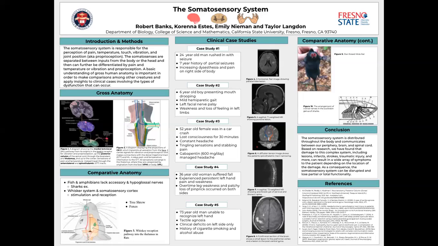So lesions, and additional causes like strokes, traumatic injury, and more, can result in a wide array of symptoms for the patient, depending on the location of the damage. So some patients were fine, and some patients towards the end were not fine. As a consequence, the somatosensory system can be disrupted and lose partial or total functionality.